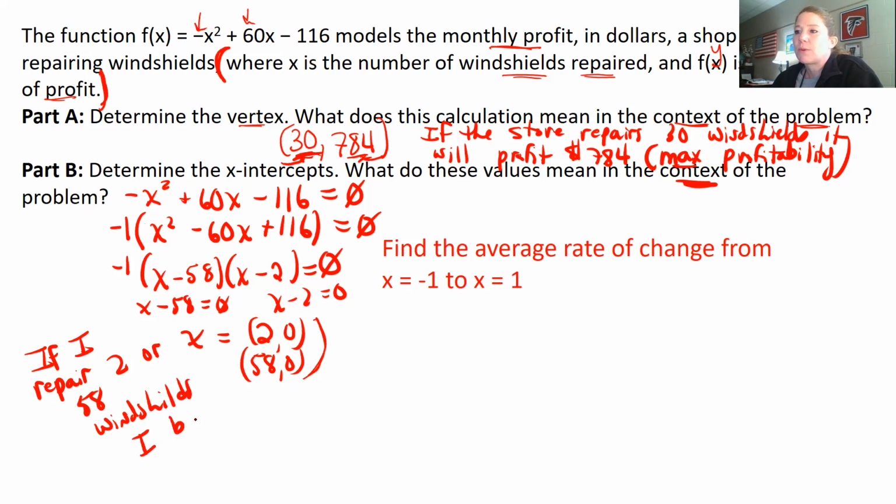It's the break even point. So there's no profit to be made at all if I repair either 2 windshields or 58 windshields.